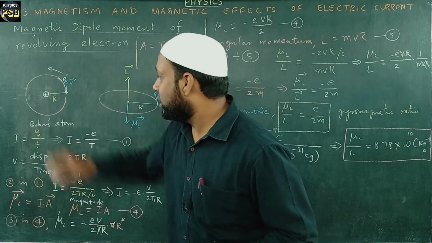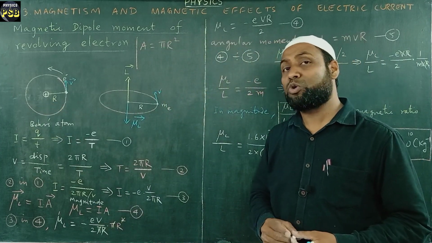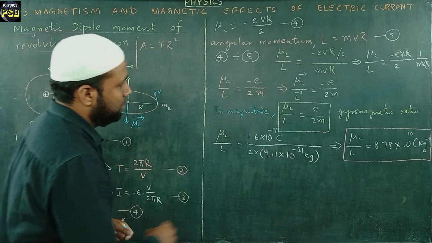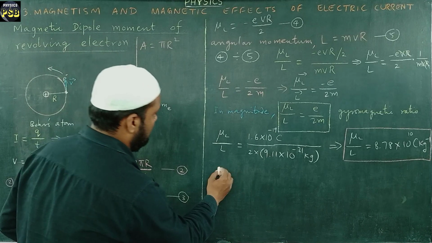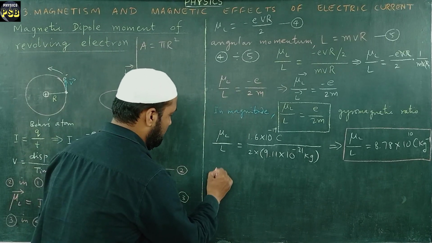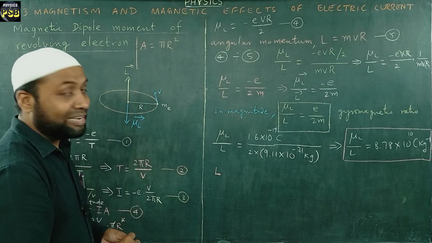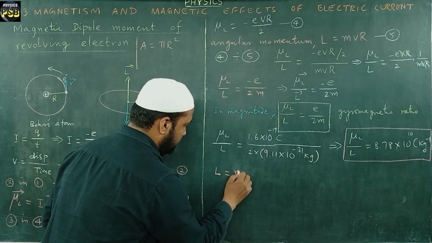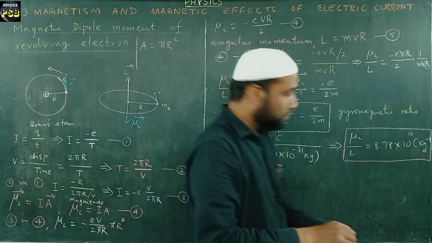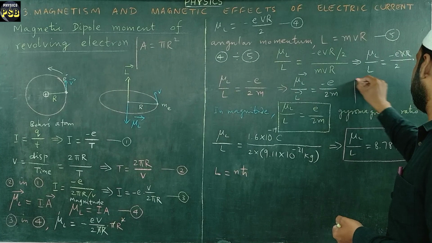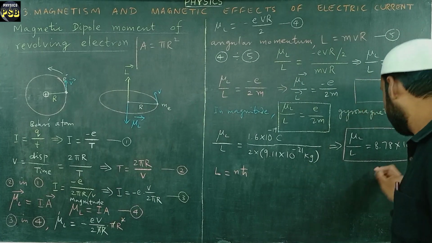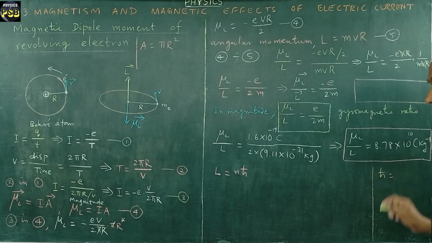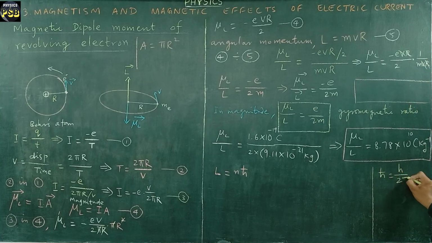Now here I have considered a Bohr atom. According to Bohr's quantization rule, the angular momentum L is quantized. That means L is equal to nħ. Here ħ is nothing but h upon 2π.